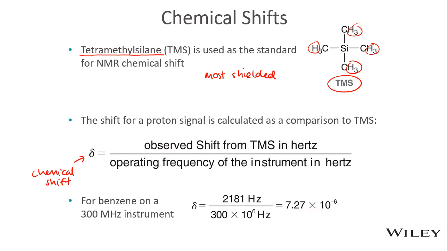The key chemical shift number that we're always going to focus on is 7.27. To be more specific, it would be reported as 7.27 parts per million, so that would incorporate the times 10 to the minus 6. These are the types of numbers that we're going to see associated with a chemical shift for different types of protons.